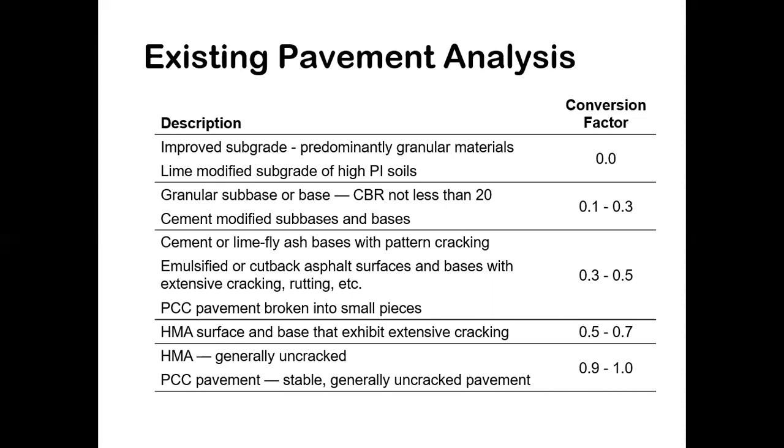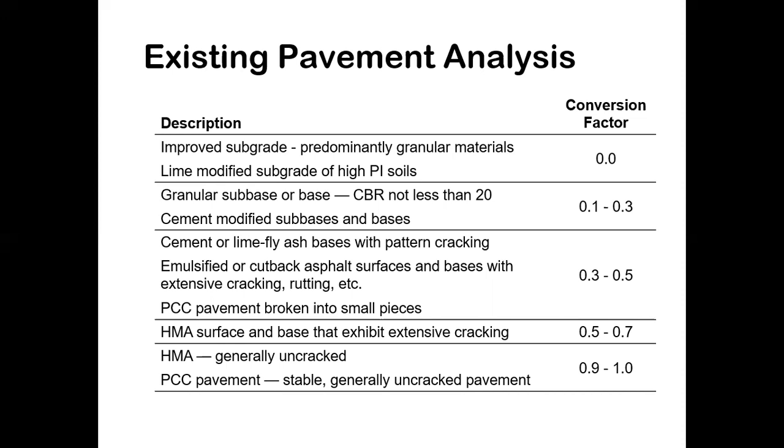And if you have a hot mix asphalt surface that has extensive cracking, you can give this a weightage between 50 to 70%. And for an uncracked HMA or PCC, you can give 100% weightage.